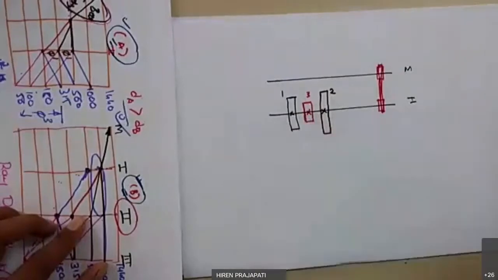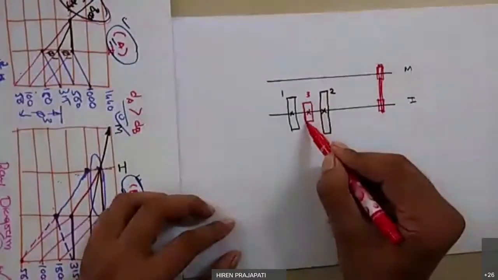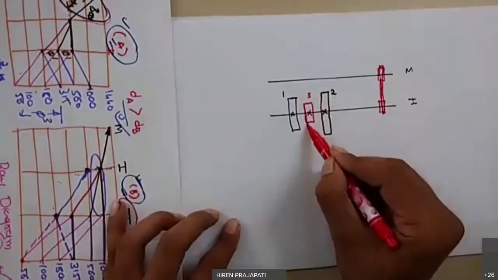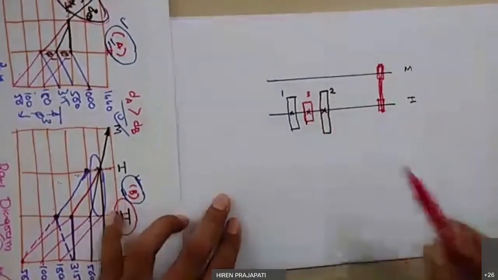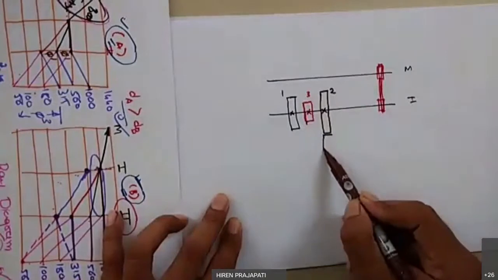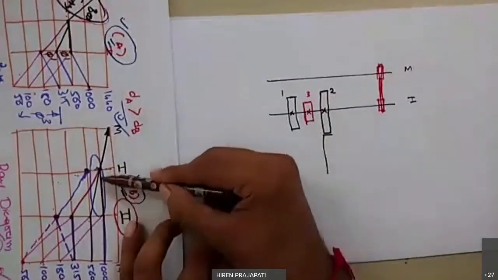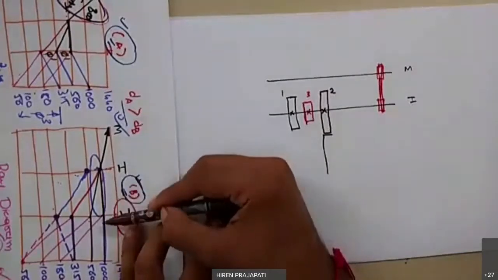This is also 2. Now I'm considering one gear cluster because I want maximum reduction, and this brown gear is giving me the same speed. If you look here, it is giving me the same speed. So this gear pair is giving me the same speed.